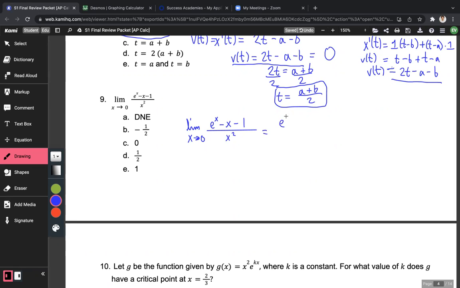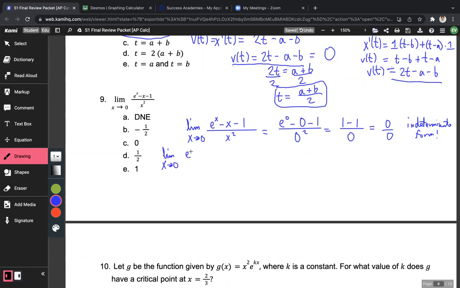Let's just plug in 0 for x, giving me e to the 0 minus 0 minus 1 over 0 squared, gives me 1 minus 1 over 0, gives me 0 over 0. Uh-oh, that is my indeterminate form. You all should recognize as soon as we see that direct substitution yields indeterminate form, we're going to need to use L'Hopital's rule.